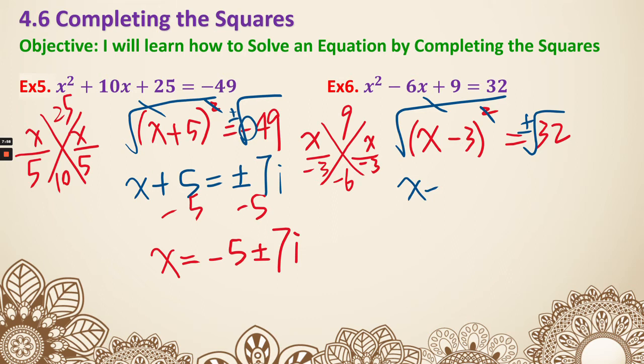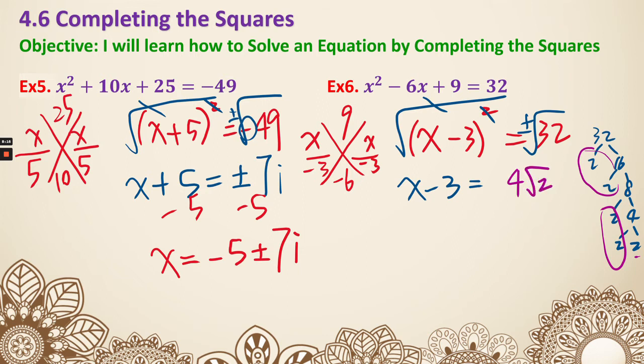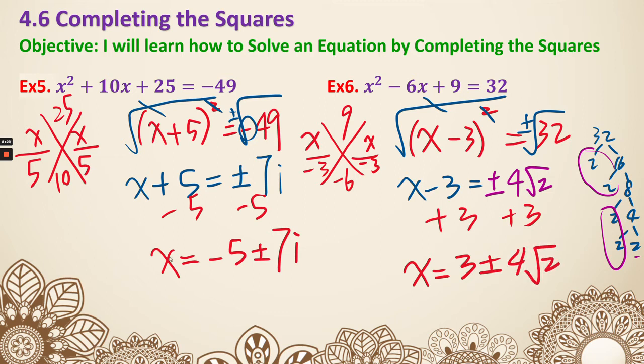So x minus 3, when we do 32, 2, 16, 2, 8, 2, 4, 2, 2. We have one pair of 2s, two pairs of 2s with an extra. So it's going to be 4 square root of 2, plus minus. And now we need to move the 3 to the right side by adding 3. So x equals 3 plus minus 4 square root of 2. That's example 6.